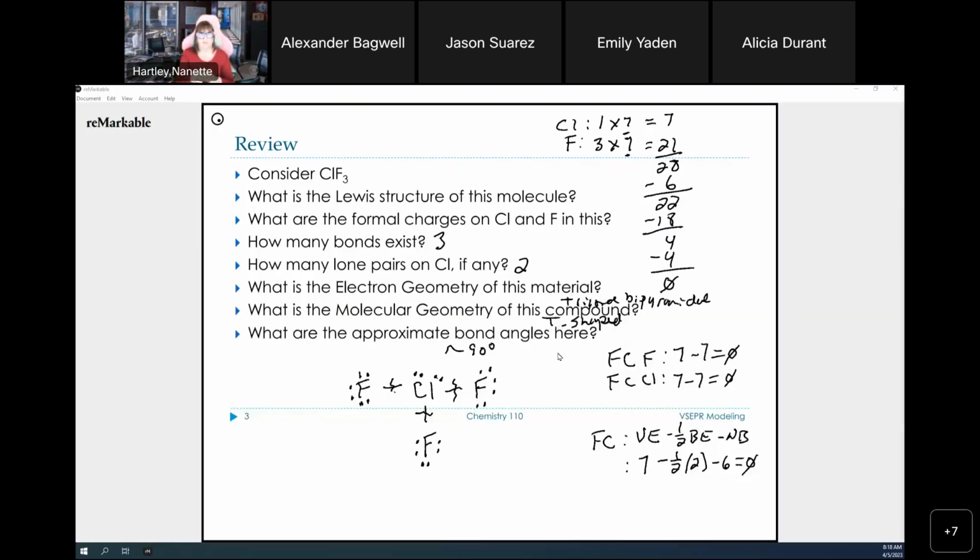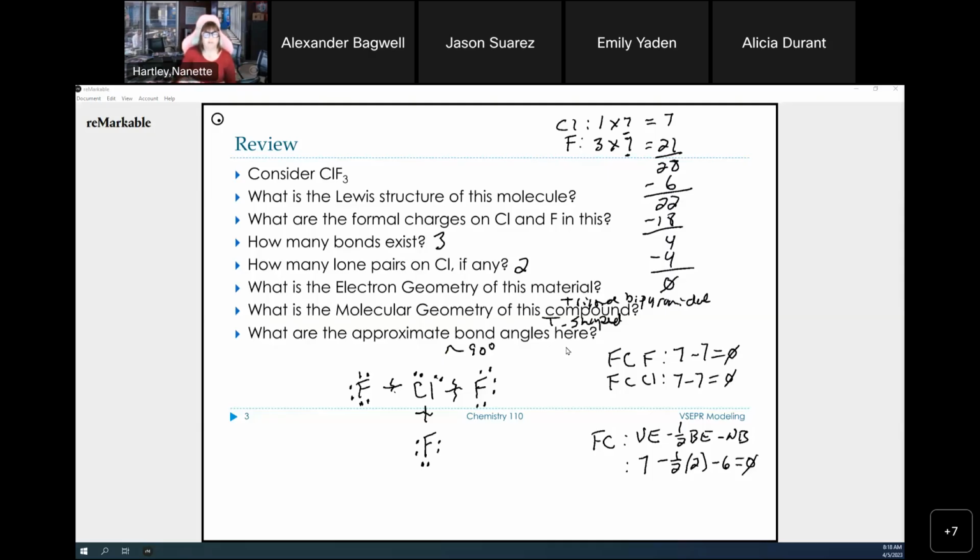It has a lot to do with the fact that the lone pairs take up slightly more space than bonding pairs because they're not in between two things. If you need to know about that, you'll get talked to about it, so I wouldn't worry about it too much now. We just want to know that it's approximately 90 degrees. Some classes will ask you what that distortion is, how big that is. I'm not going to be asking you about that, but it is something we can talk about if you're curious.